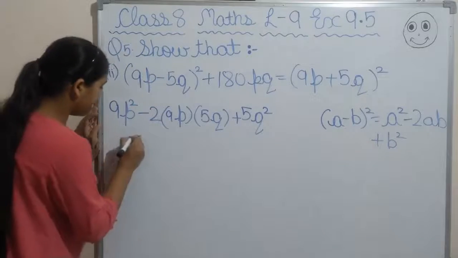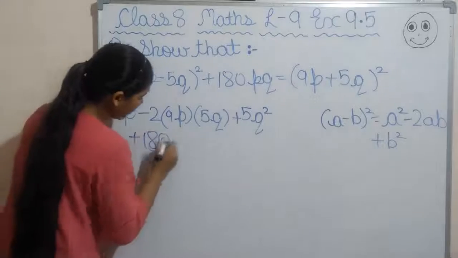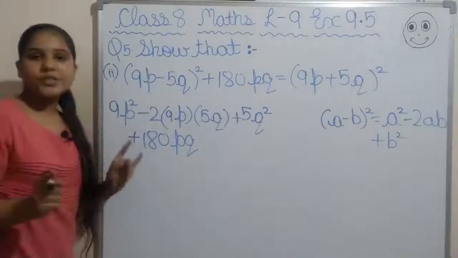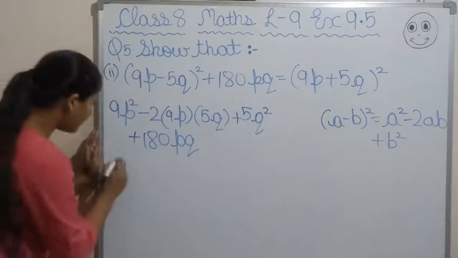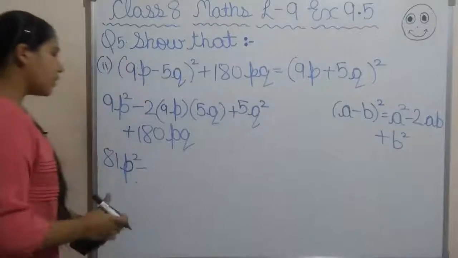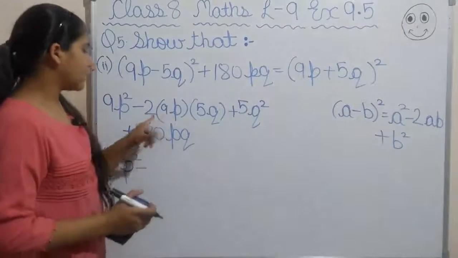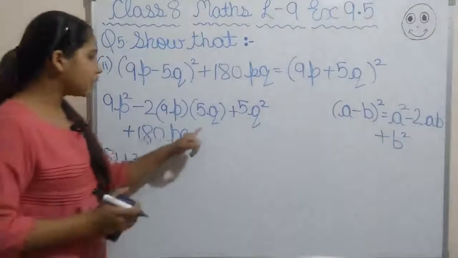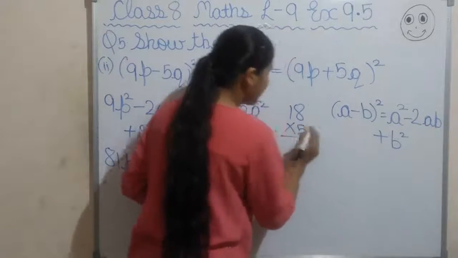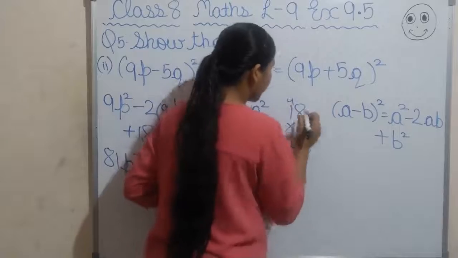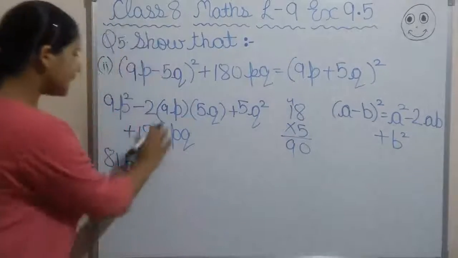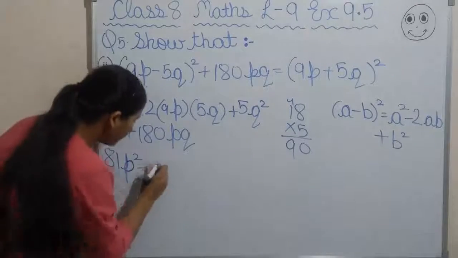Now we have to solve this. 9p square: 9 nines are 81, so 81p square. Then minus as it is, 2 into 9, 2 nines are 18, into 5: 8 fives are 40, carry 4, 1 five is 5 plus 4 is 9, so 90pq.